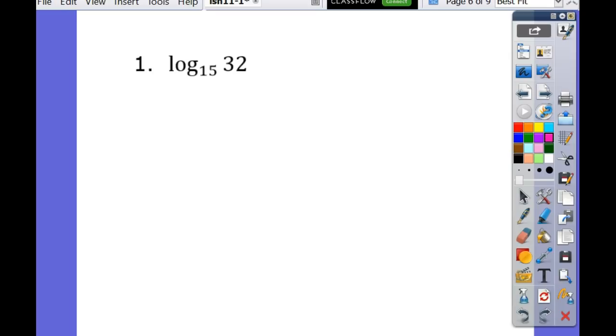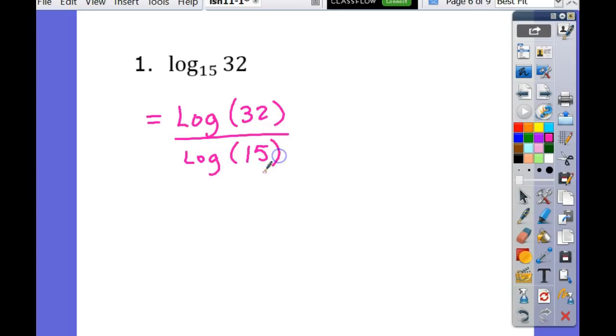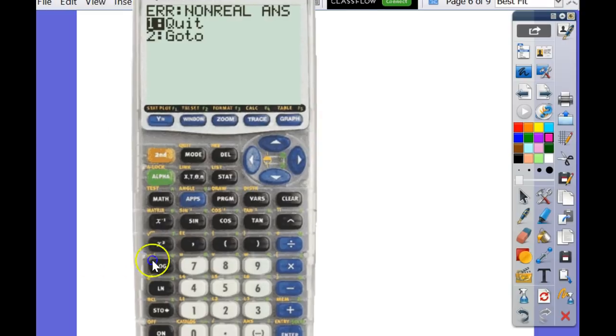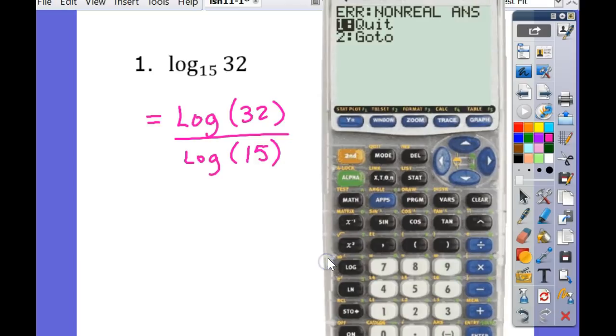This example can be evaluated with your calculator. You're going to put log of 32 divided by log of 15 in your calculator. You must close the automatic parentheses. The log button is right there.